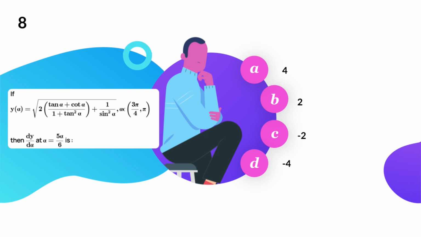So it is given number 8. Y is equal to 2 into tan alpha plus cot alpha by 1 plus tan square alpha, plus 1 by sine square alpha.